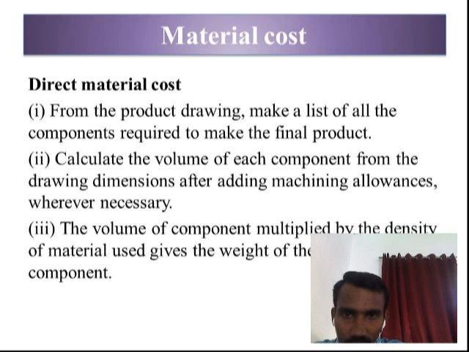What are the components we have to make, select the suitable materials, and then calculate the volume of each component from the drawing dimensions after adding the machining allowances and other manufacturing conditions. Next, calculate the total volume of the component, then multiply by the density of the material, then calculate the weight of the component.